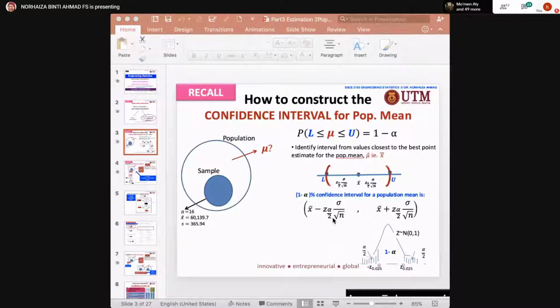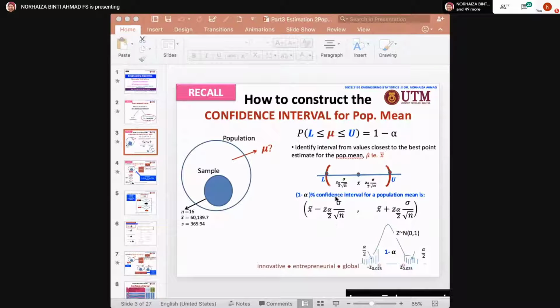So the margin of error, and the value of our limits, depends on this best point estimate, x bar. This is only true for mu because x bar is the best point estimate for mu, so it's x bar plus or minus some error.